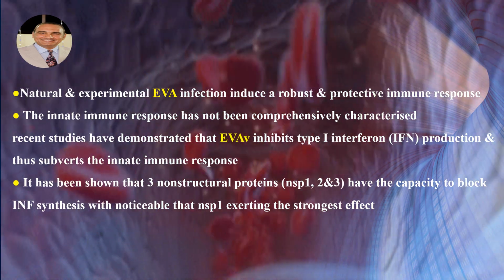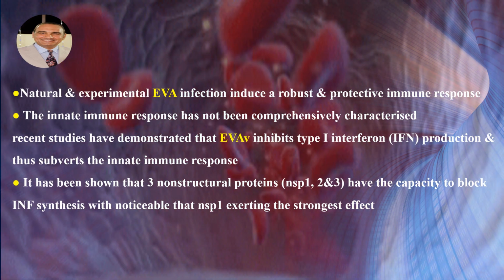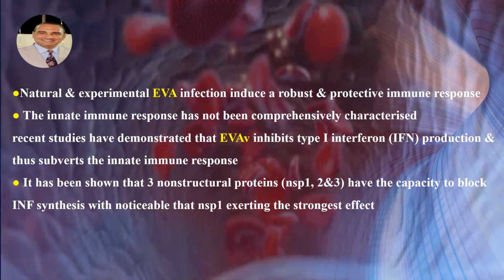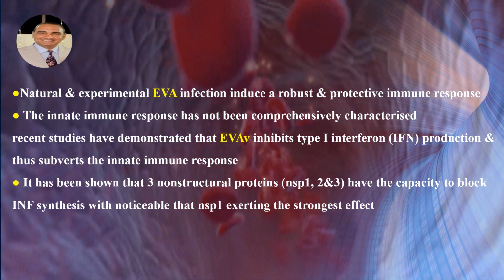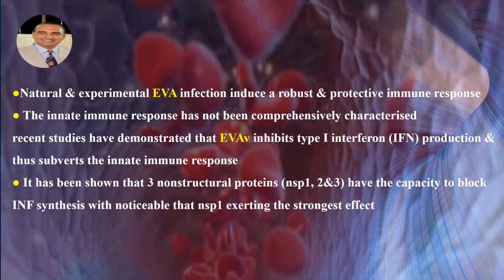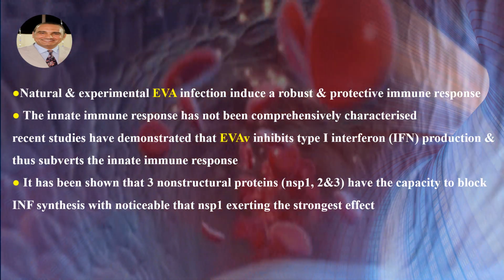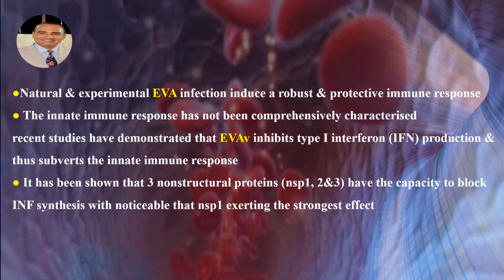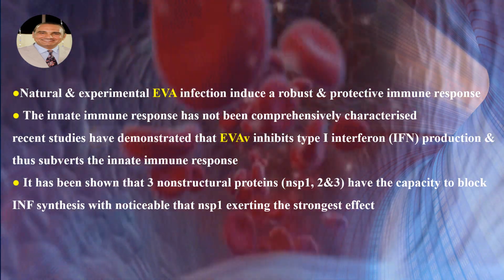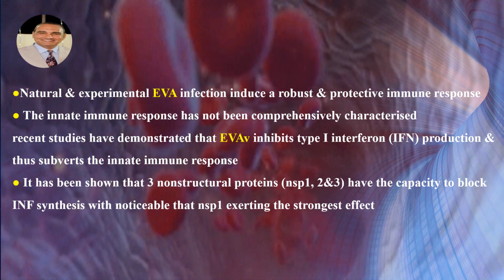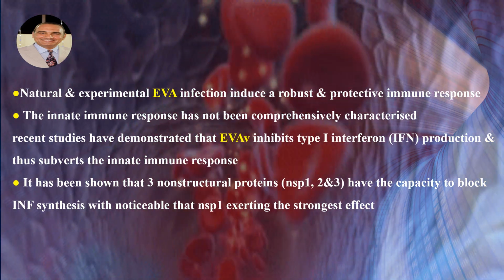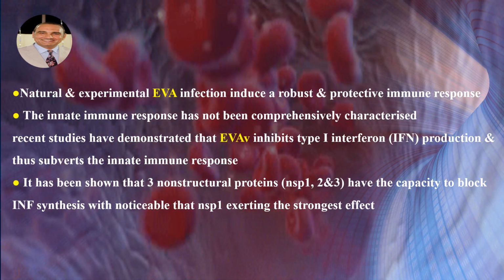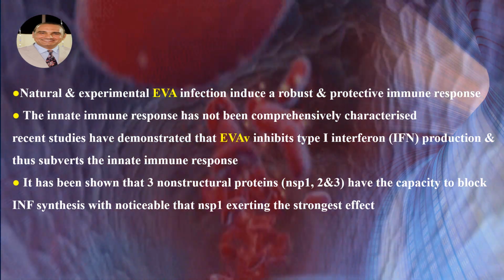Natural and experimental equine viral arteritis infection induce a robust and protective immune response. The innate immune response has not been comprehensively characterized. Recent studies have demonstrated that equine viral arteritis virus inhibits type 1 interferon production and thus subverts the innate immune response.